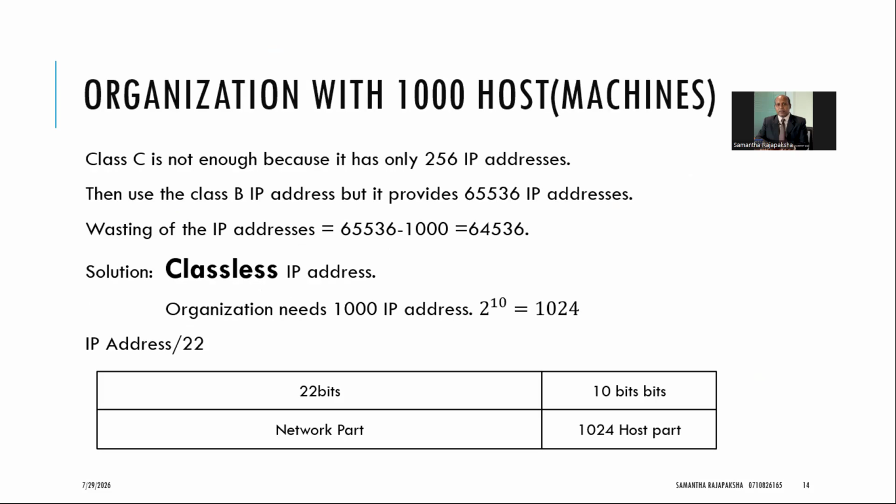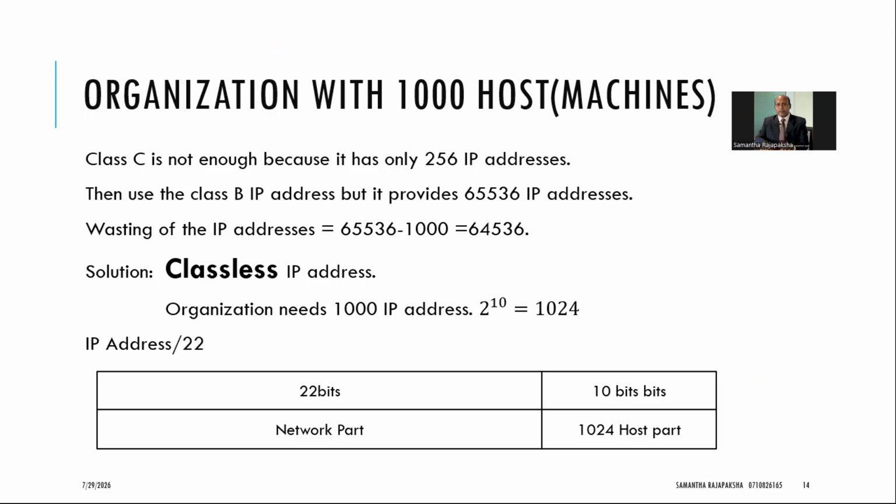However, let's take an example: say there's an organization that has 1,000 computers. In that case, we cannot use class C, because with a class C IP you get only 256 IP addresses, which is not enough.